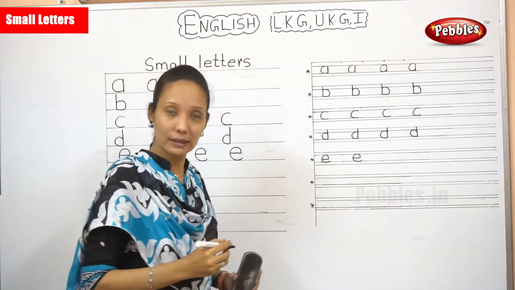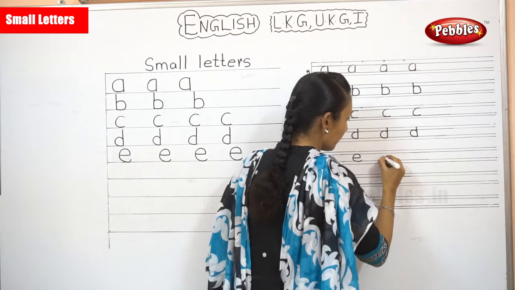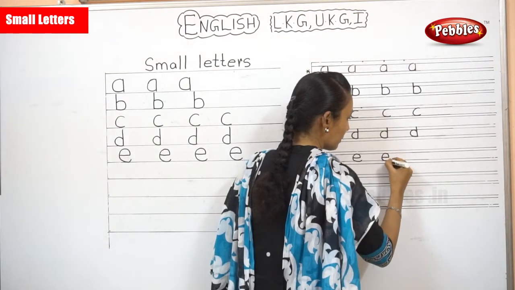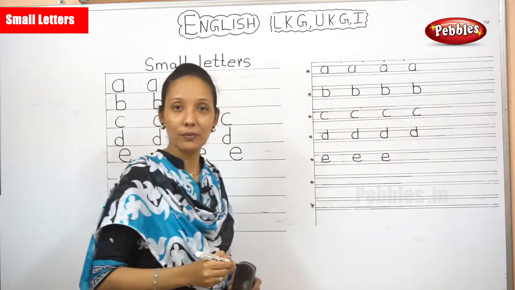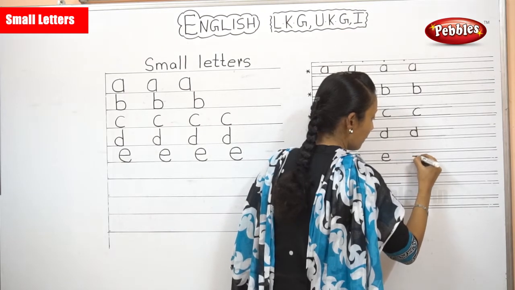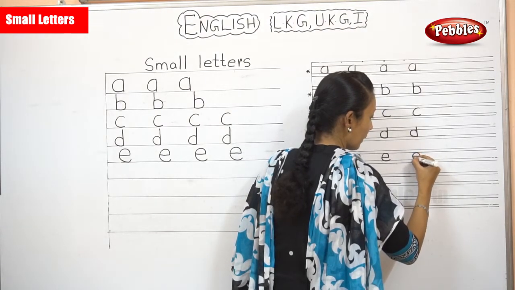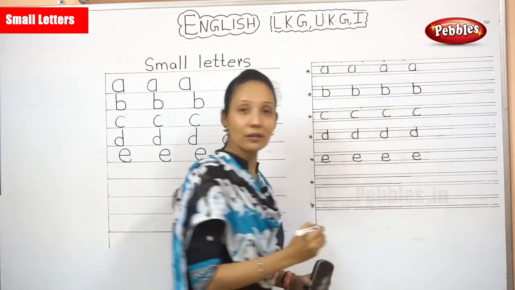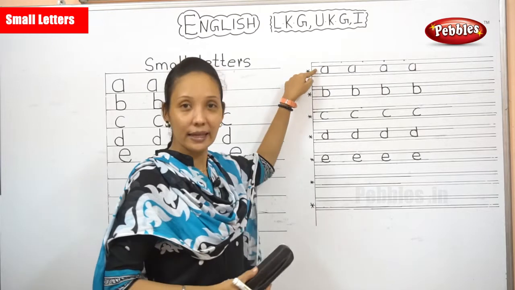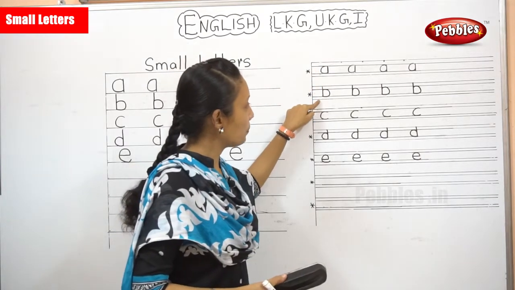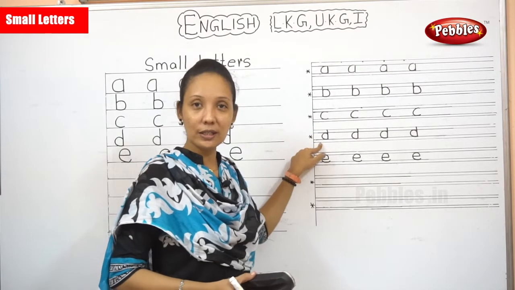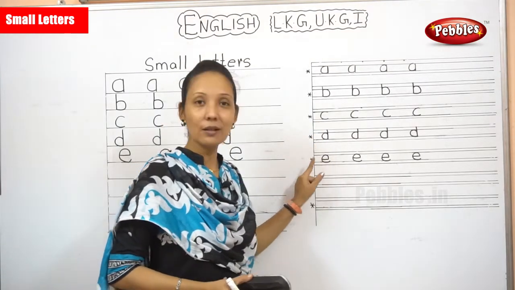It's small letter E. So, what are your alphabets here now? Small A, small B, small C, small D and small letter E.